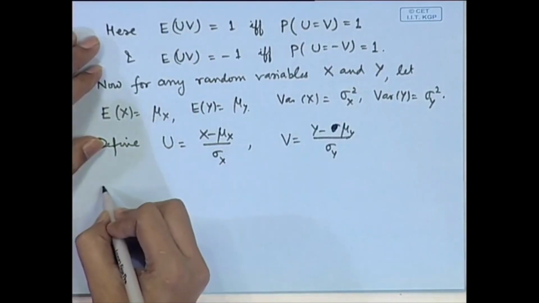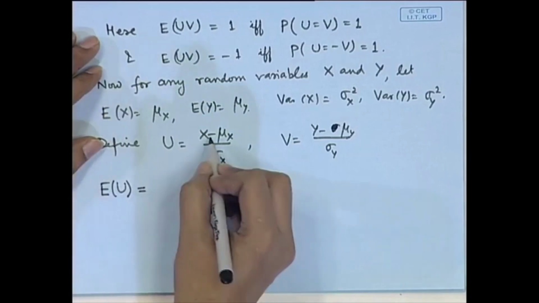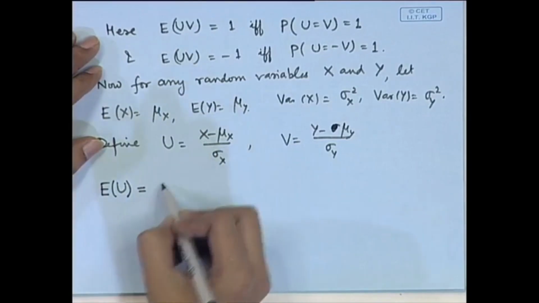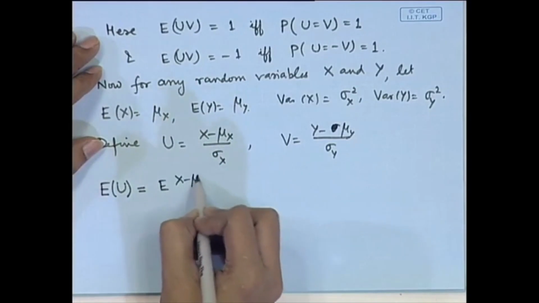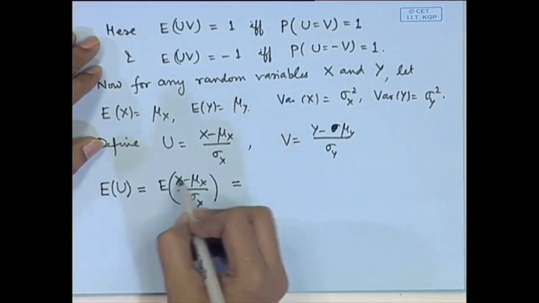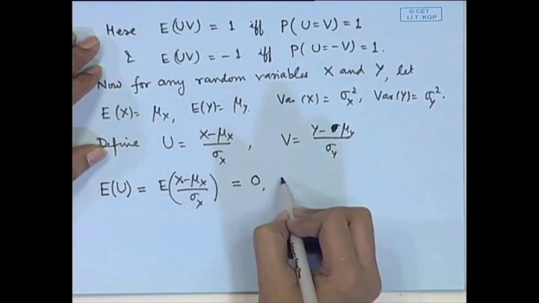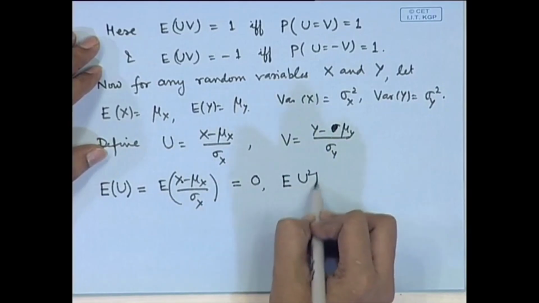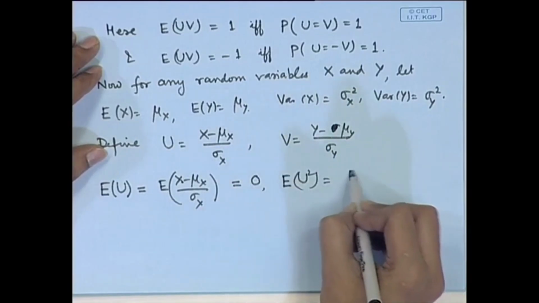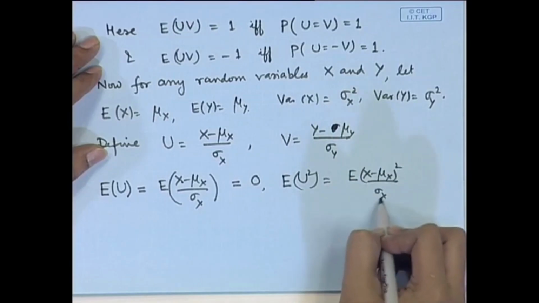So, if we take expectation of U, this is equal to expectation of (X minus mu X) by sigma X, and by the linearity property of expectation, it is (expectation X minus mu X) by sigma X, that is simply 0. If we consider expectation of U square, that is equal to expectation of (X minus mu X) square by sigma X square.